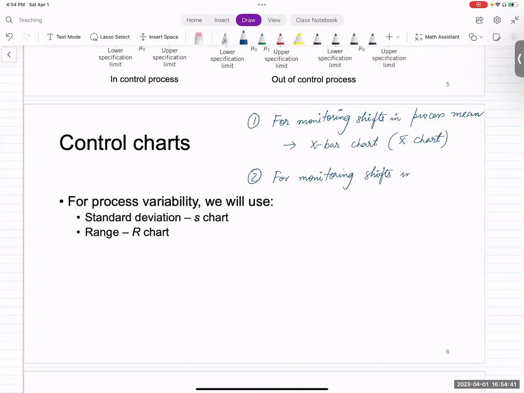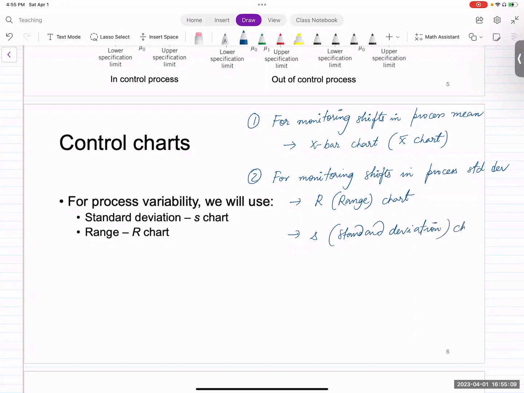And then for monitoring shifts in process standard deviation, we'll actually use two things in this chapter. We'll use an R or a range control chart, just an R chart, and then an S chart, which is a standard deviation chart.